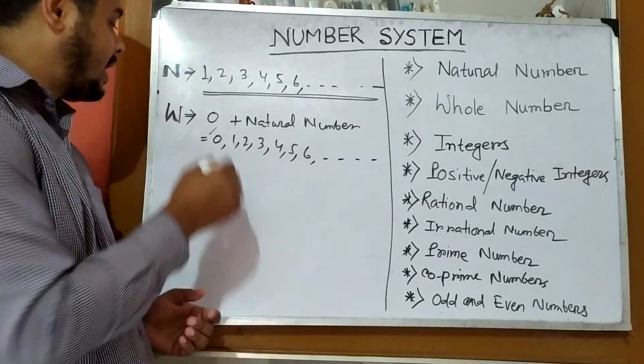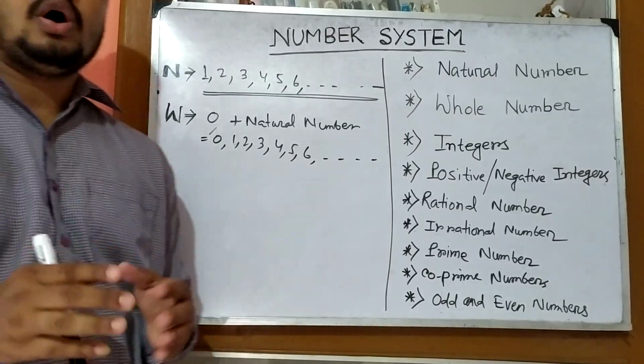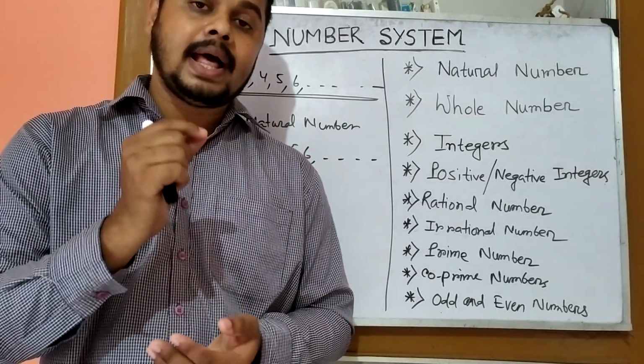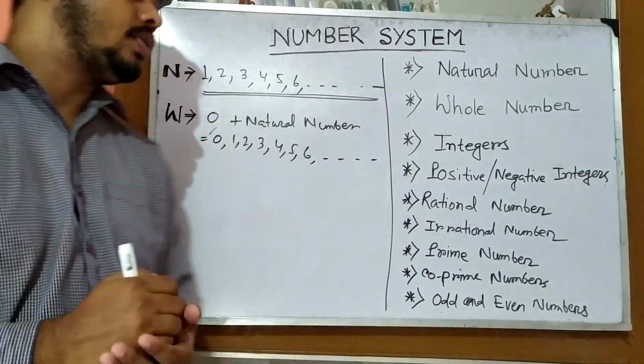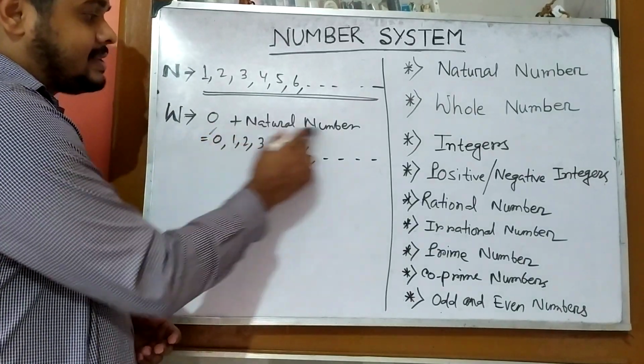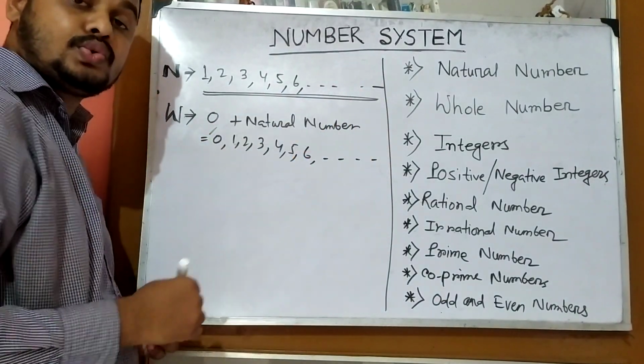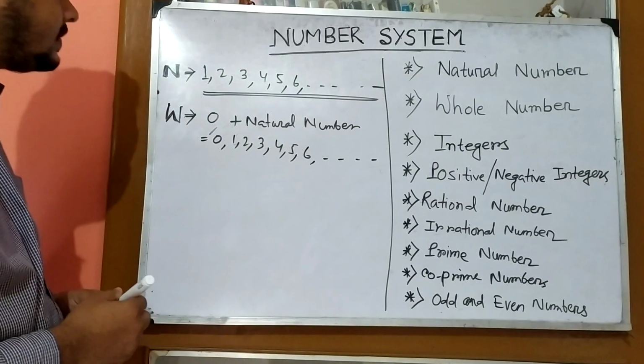And whole numbers mean all the natural numbers plus 0, that is 0, 1, 2, 3, 4, like that.